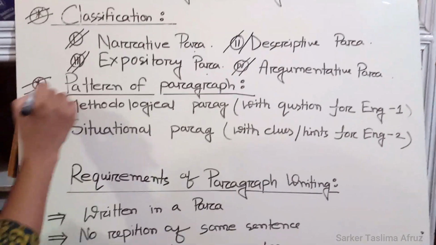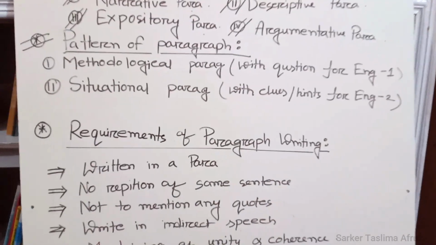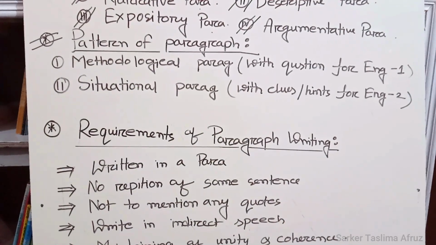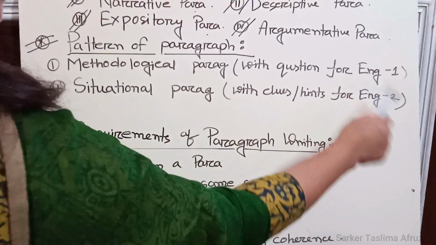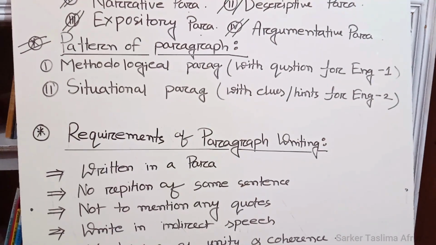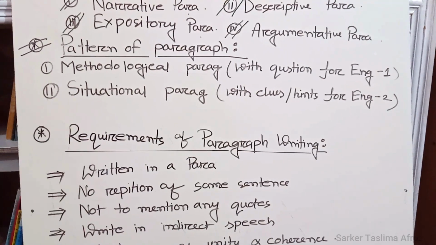Next comes pattern of paragraph. Dear students, it's very important to know these things, because you can see I wrote here in bracket that there are 2 types of paragraph pattern. Methodological paragraph, which is very common for English first paper.